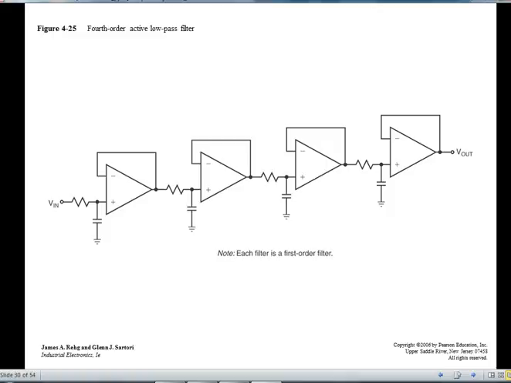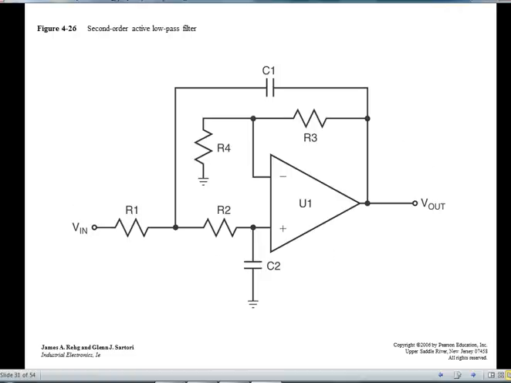So this is a first order filter, but it's 4 of them. 4 first order filters, boom, boom, boom, daisy chained together. Then I can do a second order low pass filter. Now the word order is something we don't use very often, right?